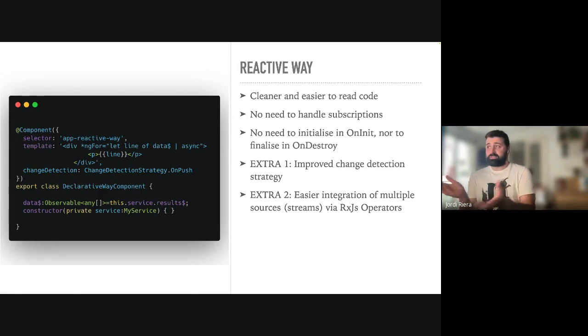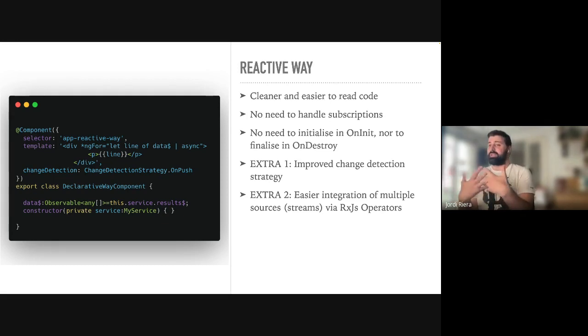You don't need to handle the subscription, so you don't need to create them. You don't need to unsubscribe them, and you don't need the life cycles actually, because you just bind the observable in the component, the observable in the service, and you don't need to do anything else in this case. That's a very practical way to manage an observable.